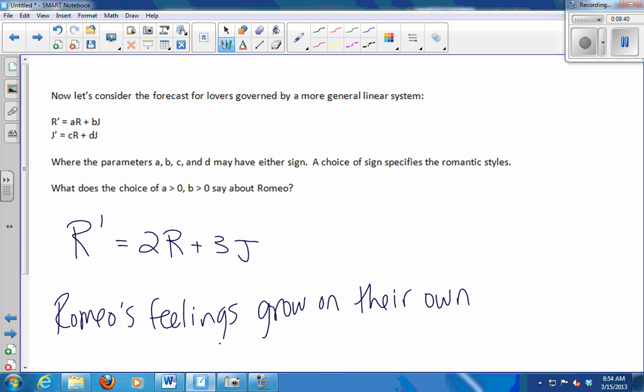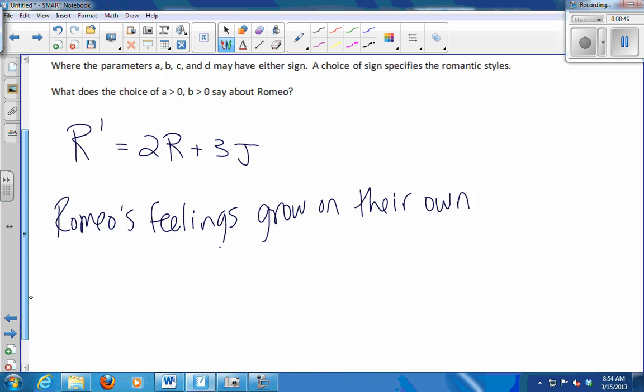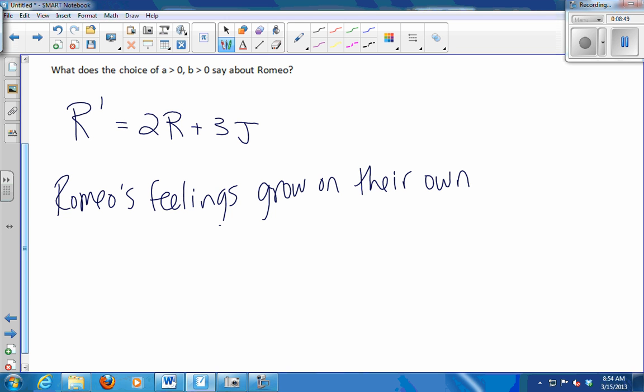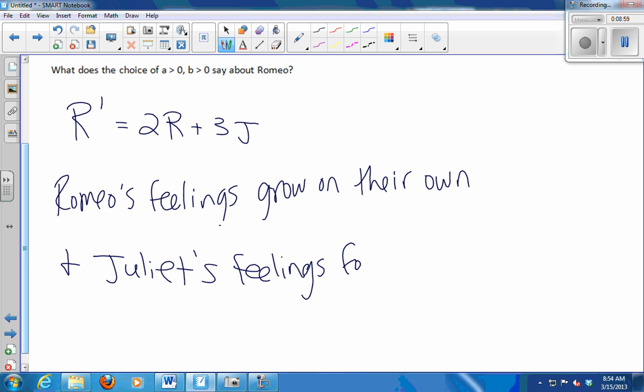So his own feelings for Juliet cause his feelings for Juliet to grow, right? And Juliet's feelings for him cause his feelings for Juliet to grow. So we could name this romantic style overenthusiastic or something, right?